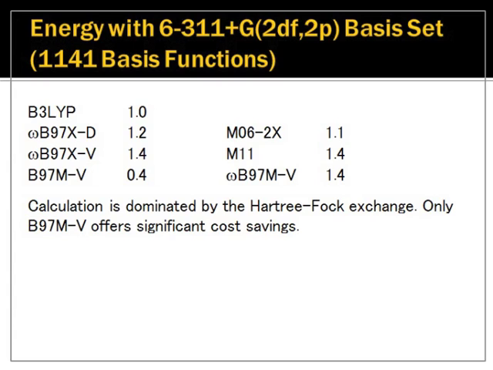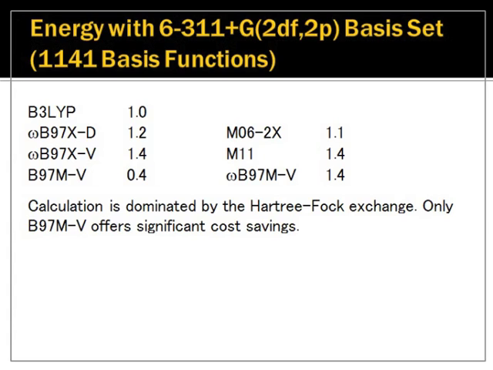Okay, so I now go to the energy question, and the difference is a larger basis set. You can see now two different conclusions. The first conclusion is that all the functionals are rather similar in cost. There really are no giant differences. There are small differences. And the reason is that these are all dominated by the Hartree-Fock term. And the method that's missing it is now the only one that's significantly less costly.